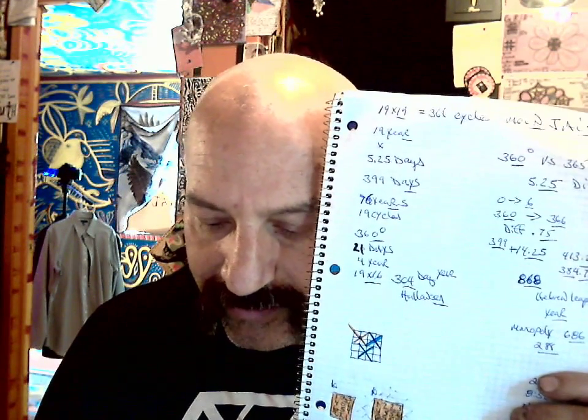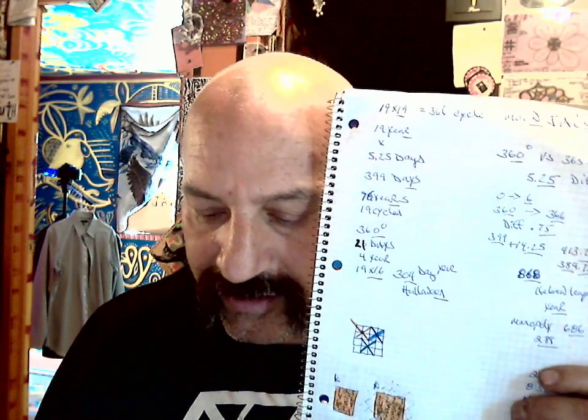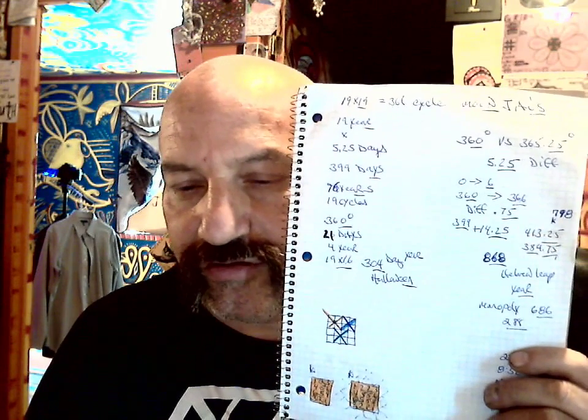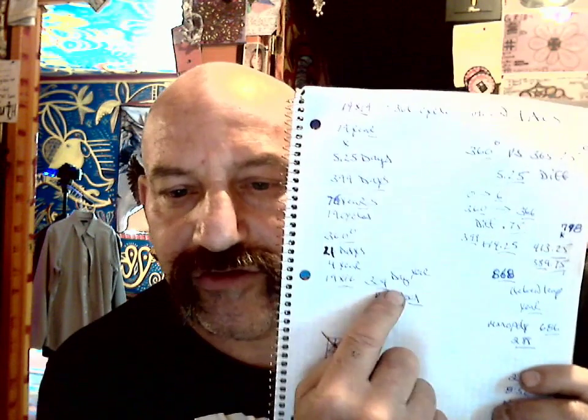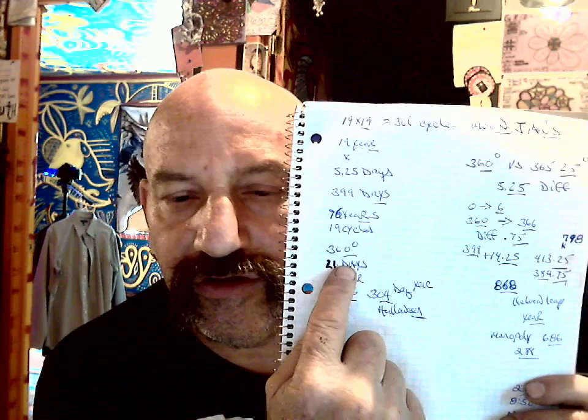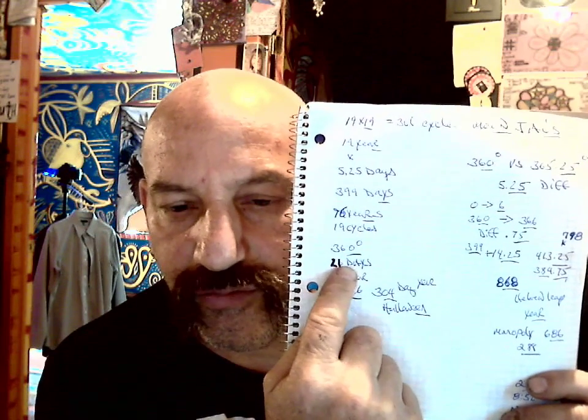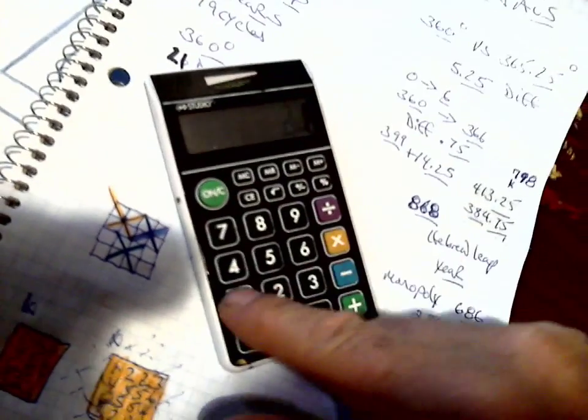21 days by 19. 21 times 19 represents Kentucky and New York in Monopoly. The answer to this is 21 times 19, and we're going to do it right down here. I don't like to do it up there. 21, which is the position of Kentucky, times 19 equals 399.